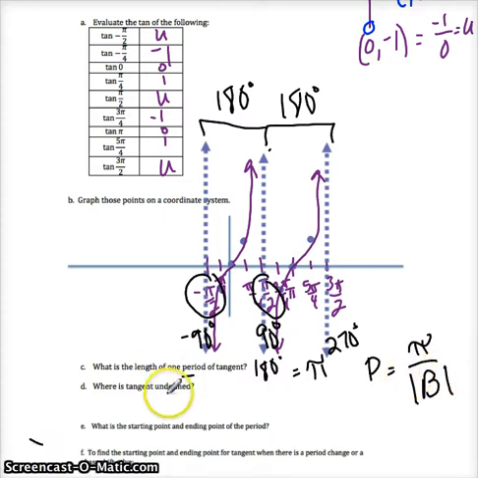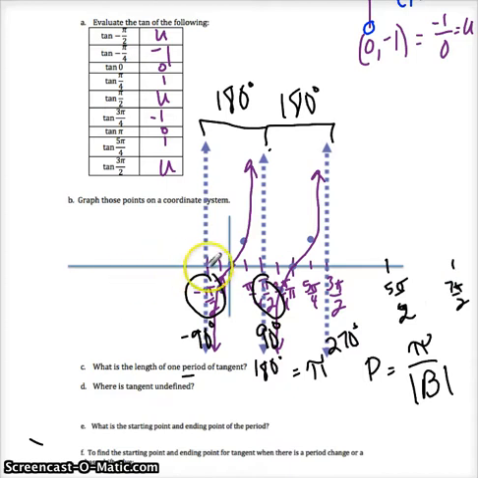Okay, well, where is tangent undefined? I see it's undefined at negative 1 pi over 2, positive 1 pi over 2, 3 pi over 2. If we kept going and followed a pattern, the next asymptote would be at 5 pi over 2, and then 7 pi over 2.